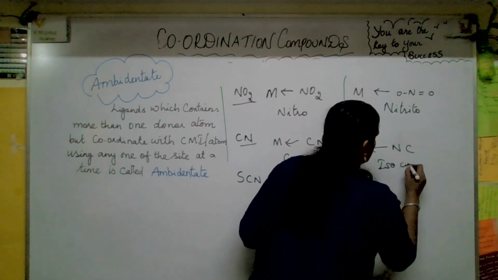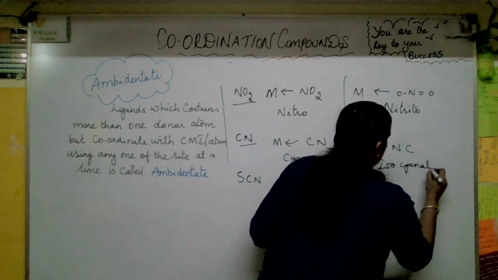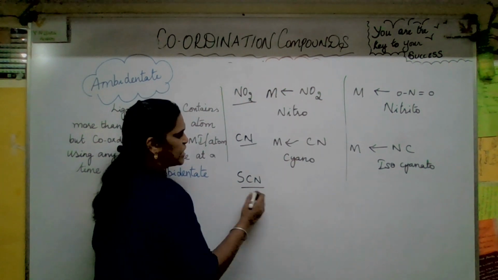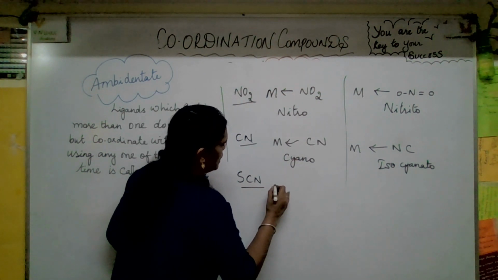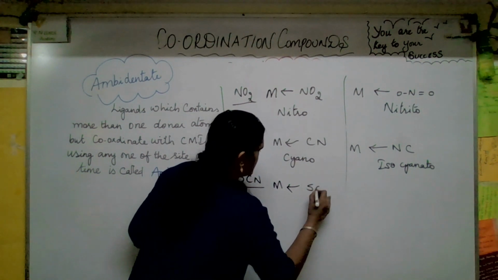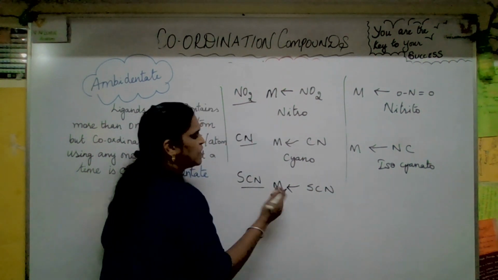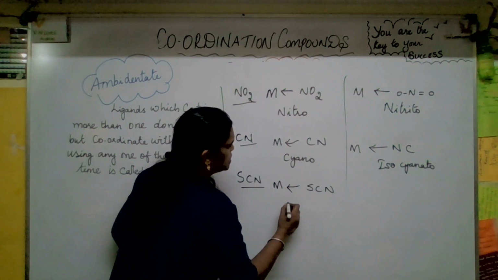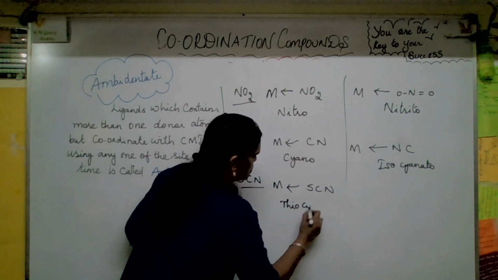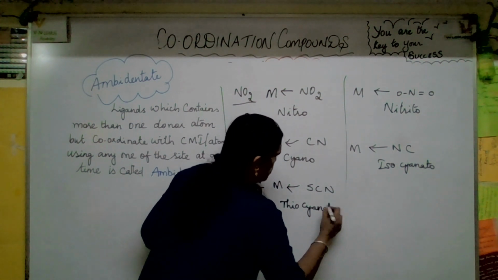Isocyanate. Okay, now the next one, thiocyanate. This is called thiocyanate. In the same way, here the metal is donating through SCN, so sulfur is donating. We can say it is thiocyanate.